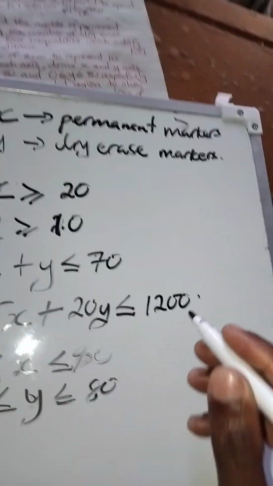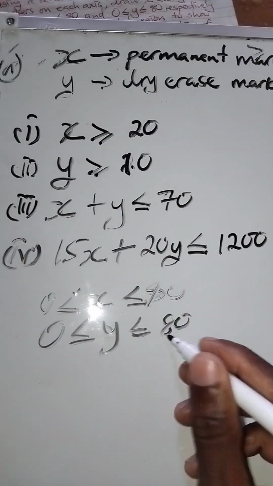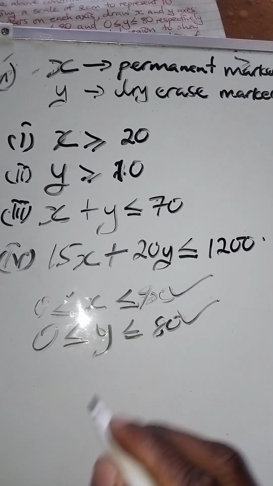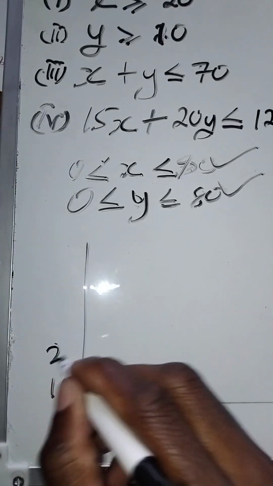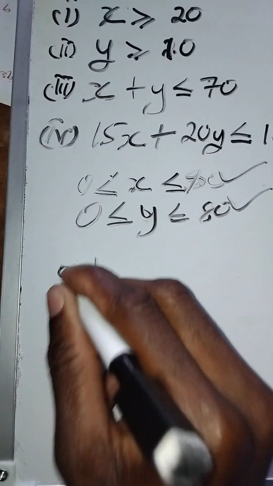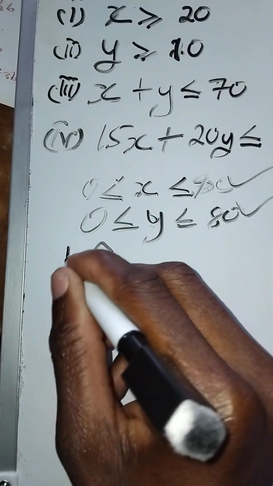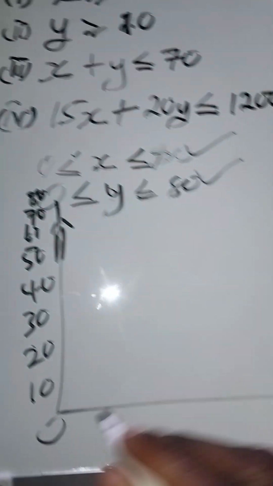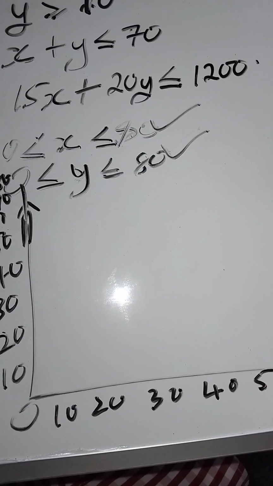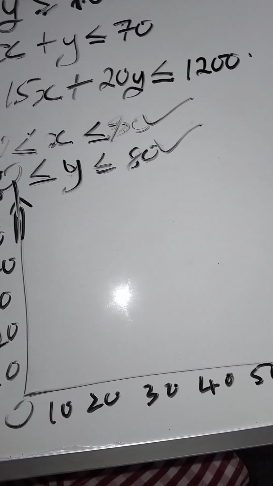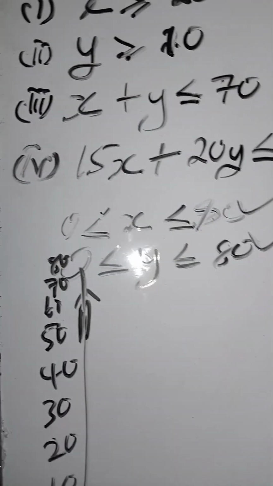So 2 cm represents 10 units: 10, 20, 30, 40, 50, 60, 70, 80, and the same on the other axis.